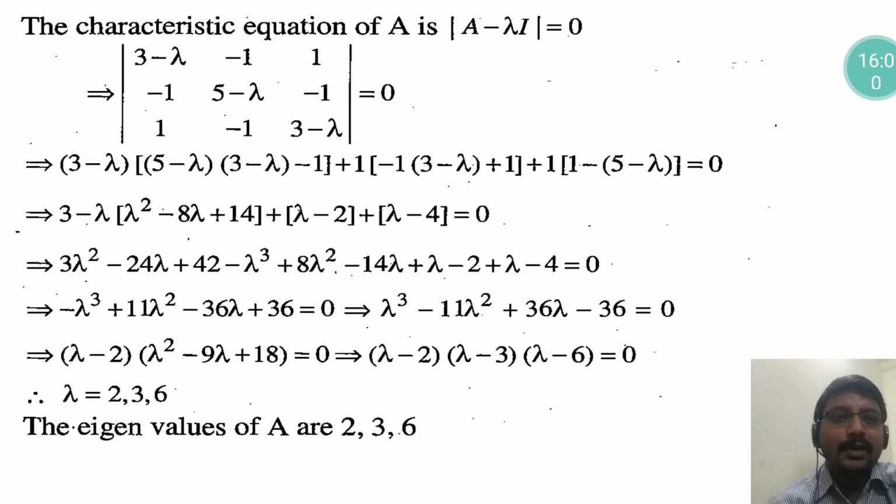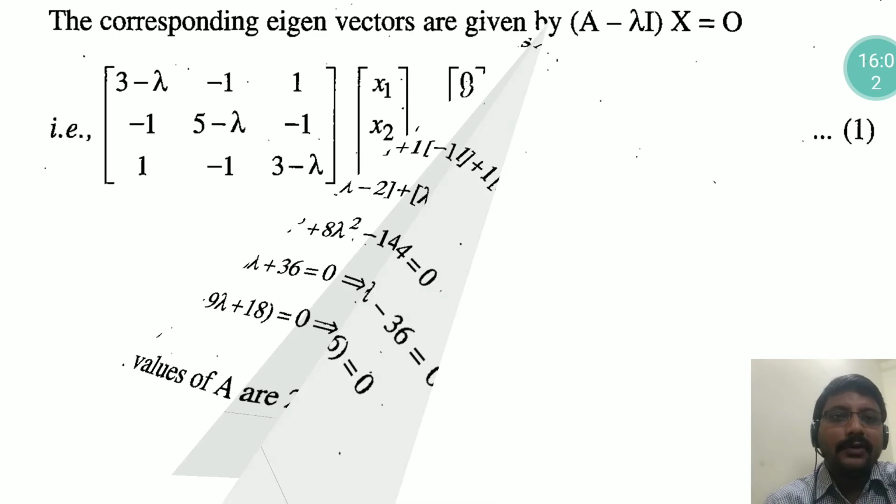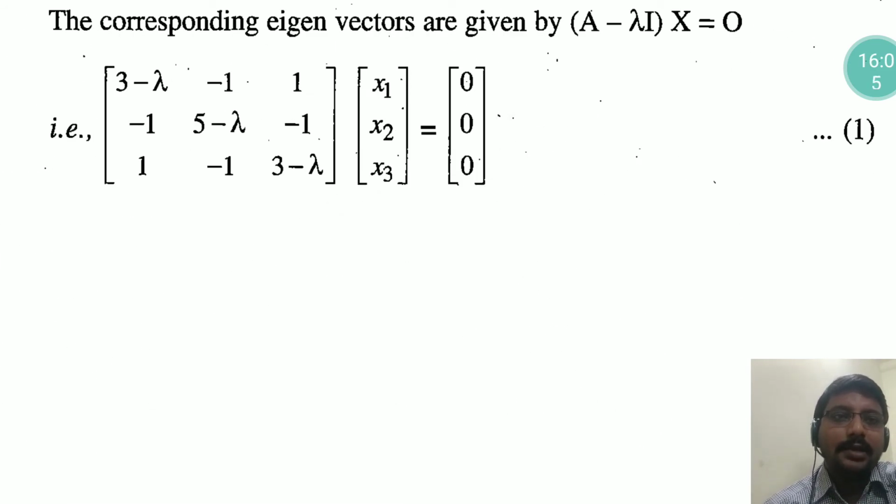Now in the third step we have to compute eigenvectors for each corresponding eigenvalue. For this we have to define the equation A minus lambda I of x equal to 0, which is used to compute the non-zero vector x, which is also known as the eigenvector.